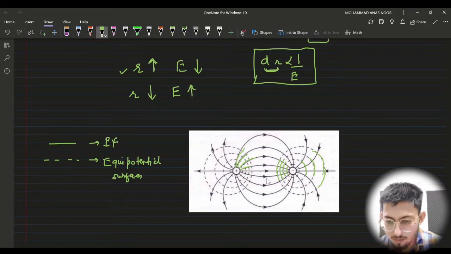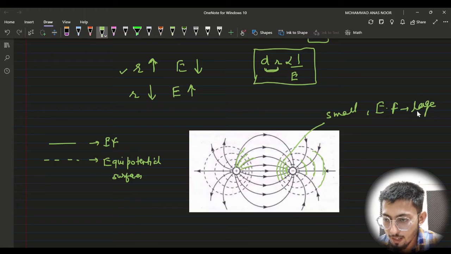So here lines of electric field are very close apart, and hence the distance between the two equipotential surfaces is small, and hence the electric field is large. Large means these electric field lines are close apart, isn't it?